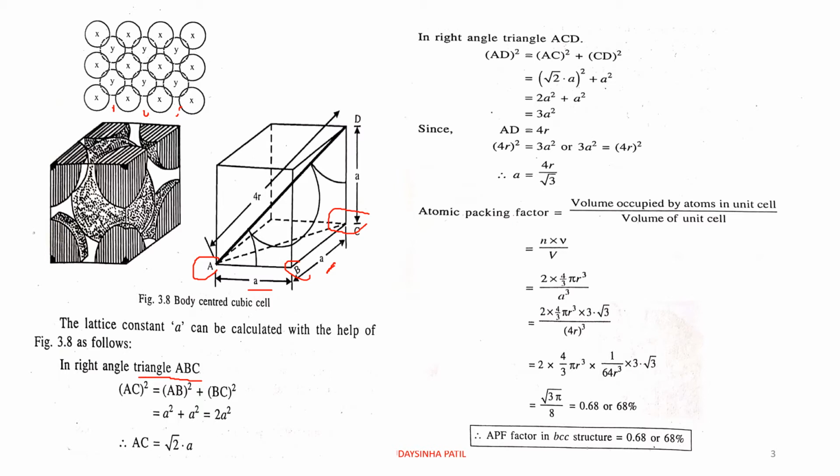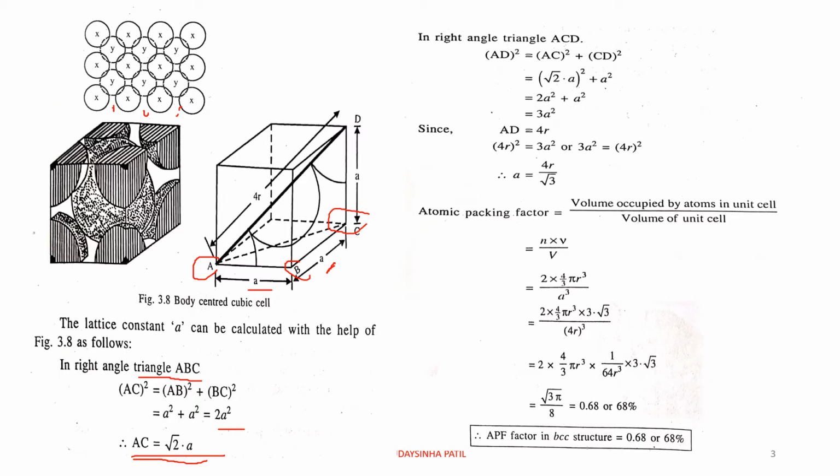So a squared plus a squared is equal to 2a squared. Taking the square root, AC is equal to root 2 times a.